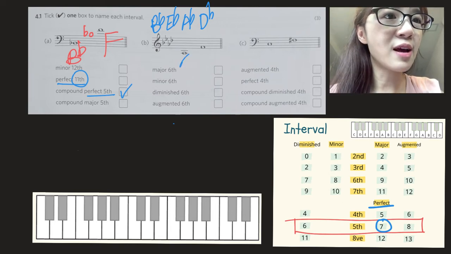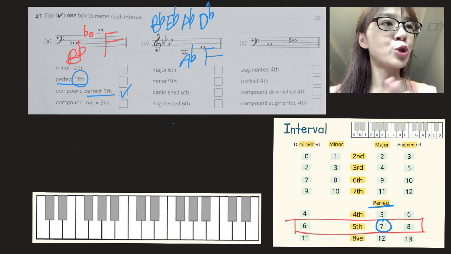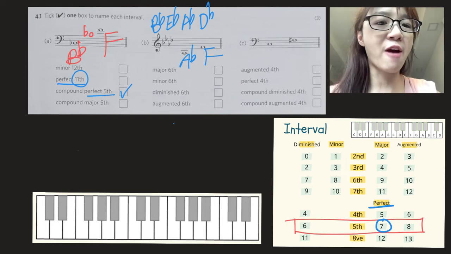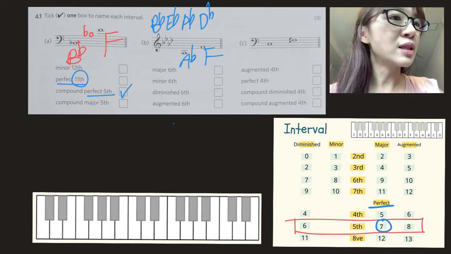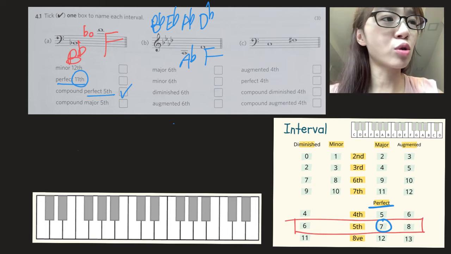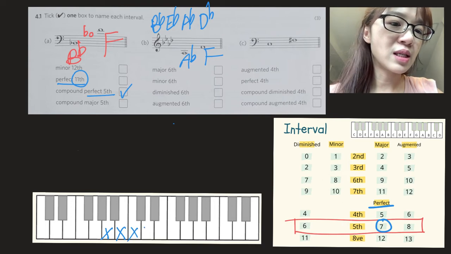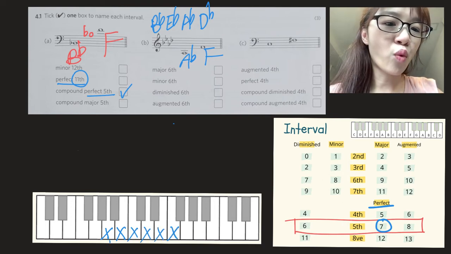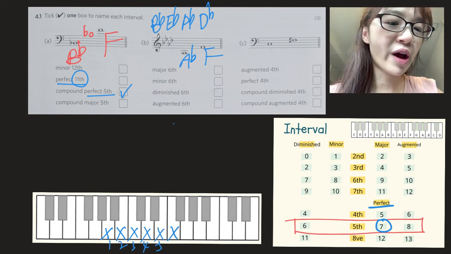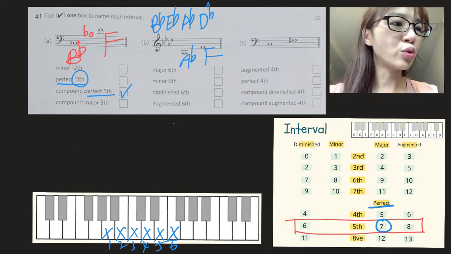This is A flat and this is F. So consider the interval first, which is the letter name A to F. Nothing to worry about the sharp or the flat. So just consider the letter names A, B, C, D, E, F. 1, 2, 3, 4, 5, 6. 6 steps. So we know that we are going to look into the chart for 6.